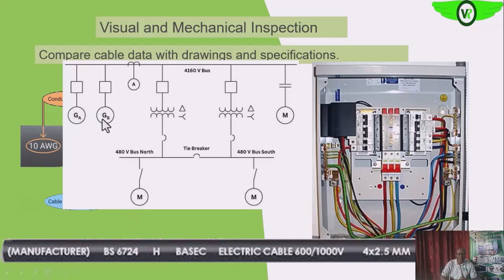So here you have from your source of power, which is the generators, through your breakers, through your transformers, to this low voltage bus, and then to your electric motor.